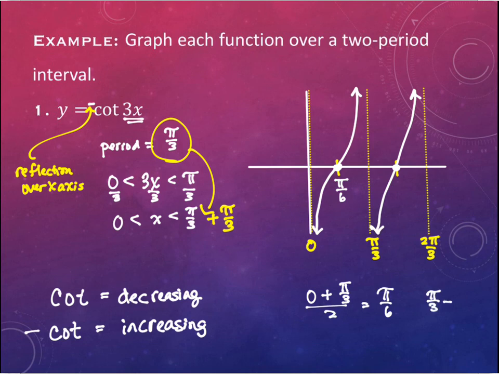So I take pi over 3 plus 2 pi over 3 and divide by 2. What's pi over 3 plus 2 pi over 3? It's 3 pi over 3, so pi, and then pi divided by 2 would be pi over 2. Kind of unexpected maybe that showed up that way. It is pi halves.